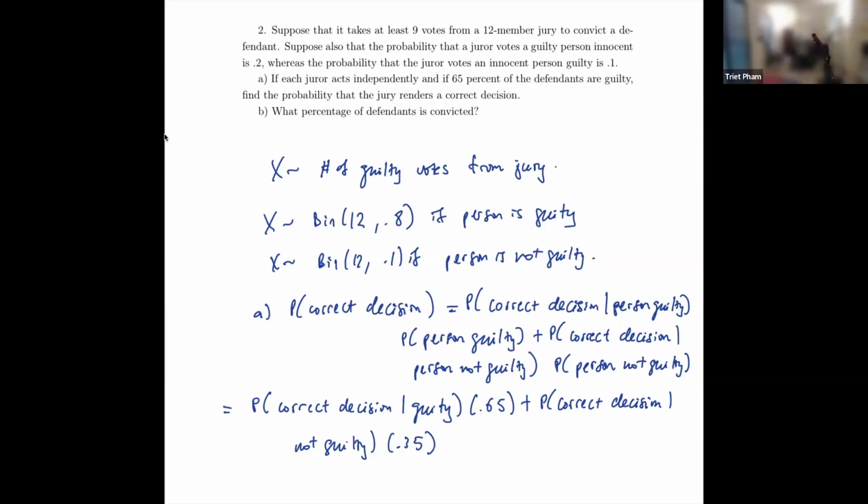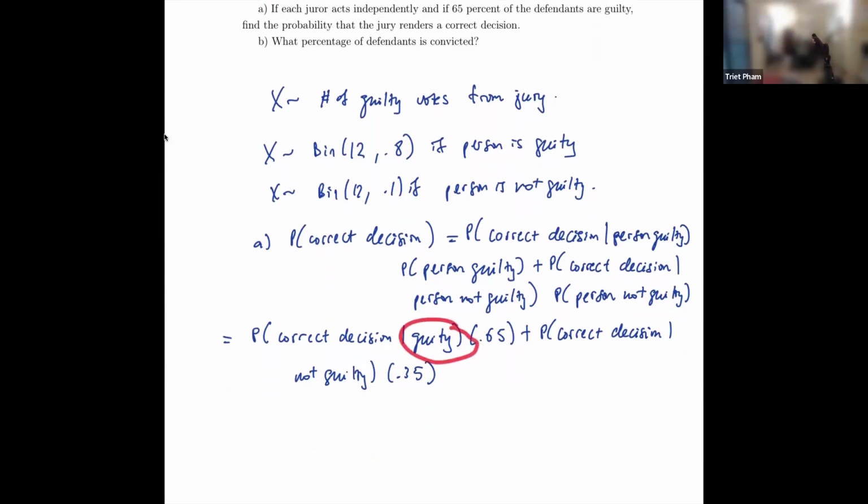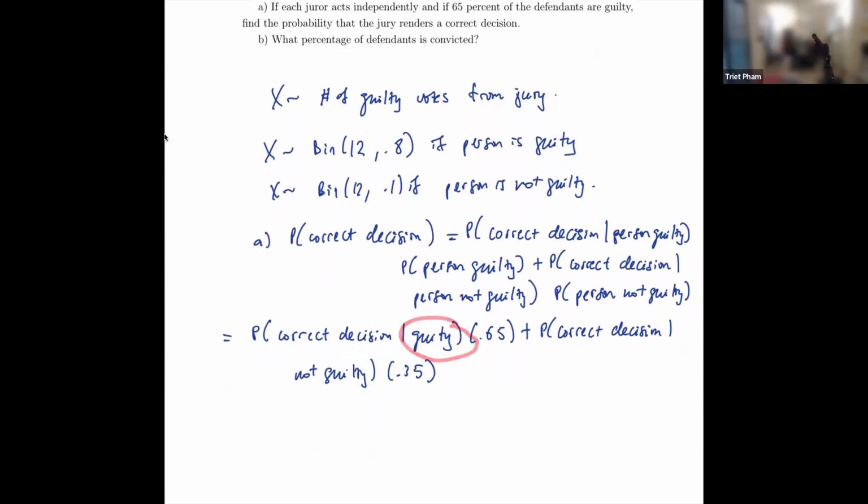Well, it takes at least 9 votes to convict a defendant. So if a person is guilty, then they need to be convicted, correct? So that would be the probability of a binomial with 12 and 0.8 being at least 9.